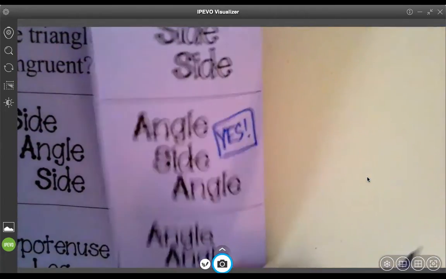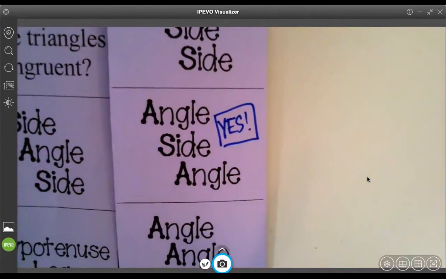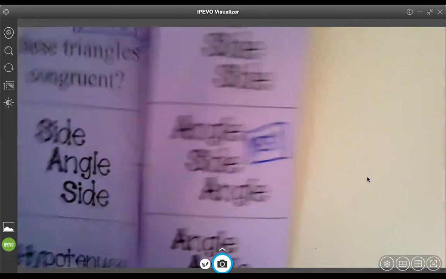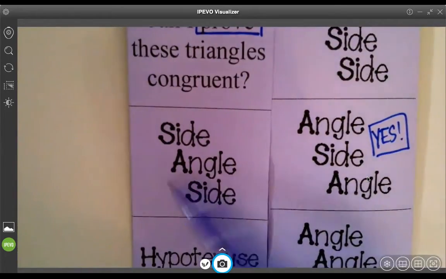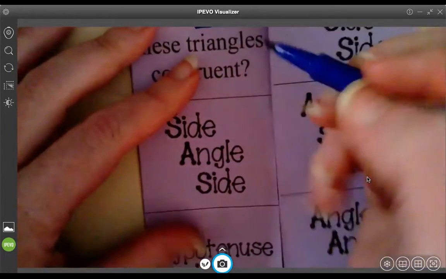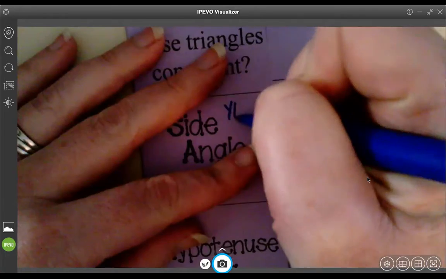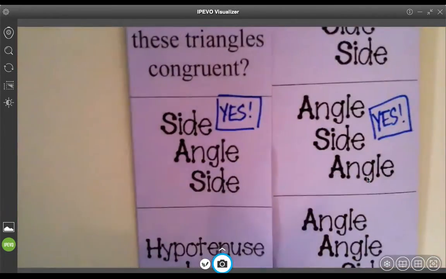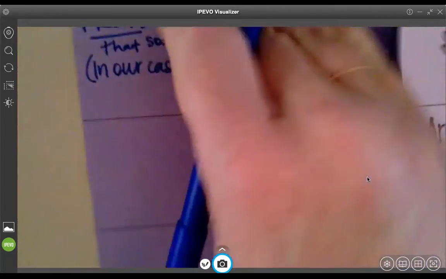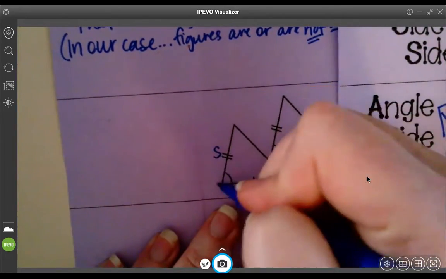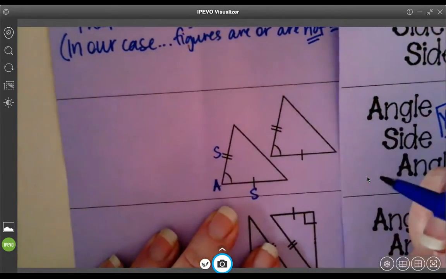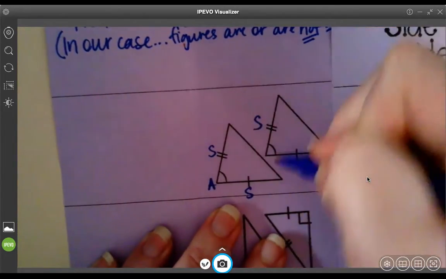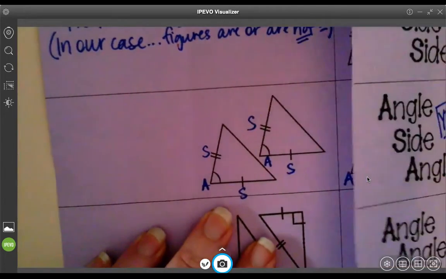Along with angle, side, angle, I've used side, angle, side, and I put those together. This is another yes. You can see side followed by angle followed by side. Same thing over here, side, angle, side.